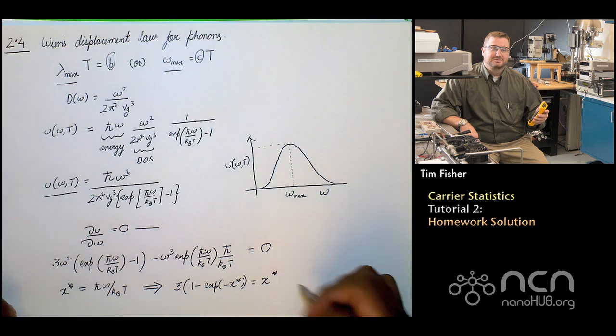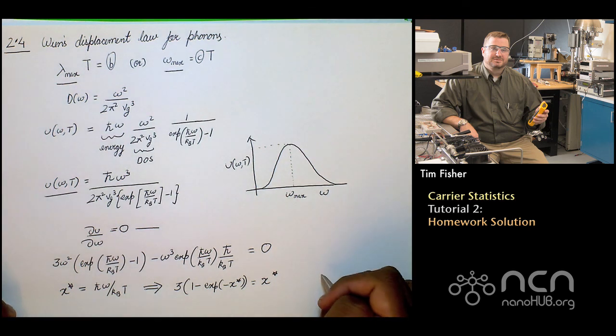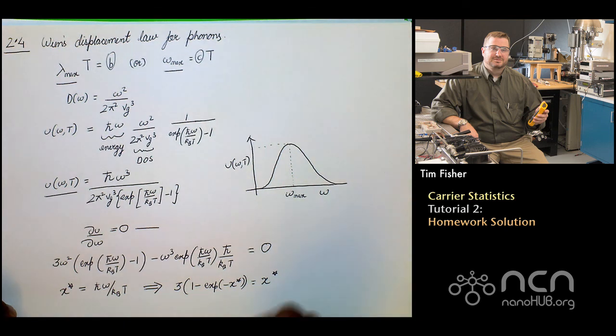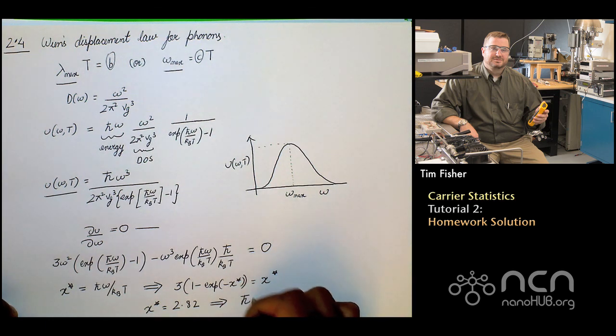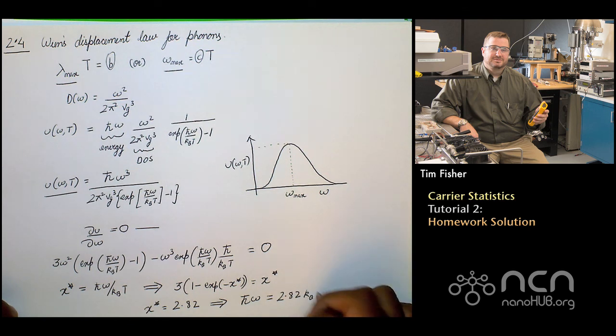Now this equation can be solved numerically, not analytically, using a variety of numerical packages such as Wolfram Alpha or MATLAB. And if we solve this equation numerically, we get the following result: x star equals 2.82, and therefore h bar omega equals 2.82 multiplied by kBT.